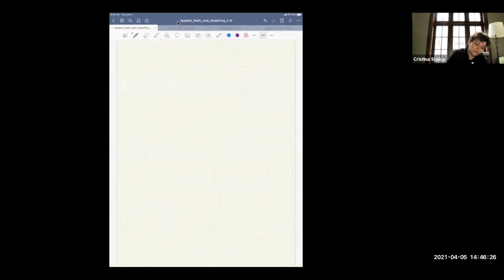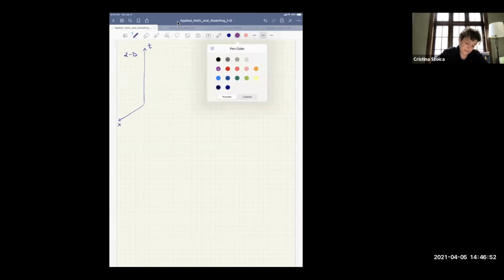Now in 2D, if I want to make the picture of stability, and I insist these are important concepts, in 2D we would have something like this. So we have an X, Y, and up is T. I'll do the Y axis later.